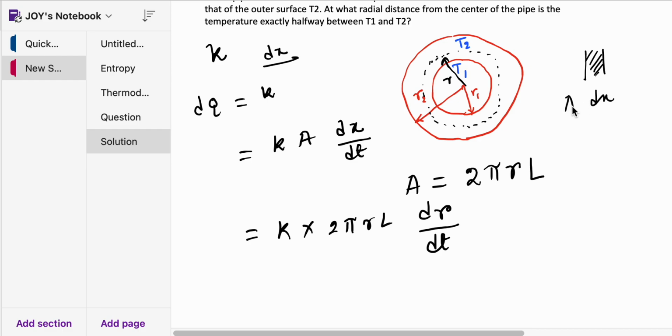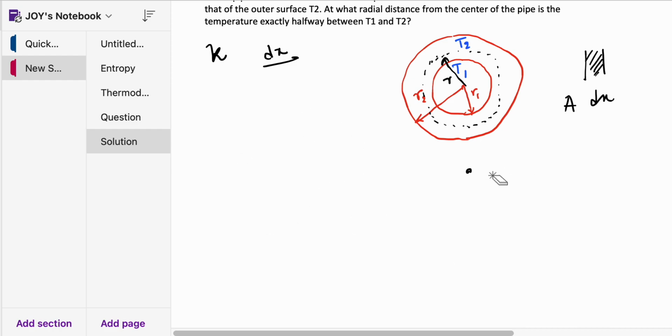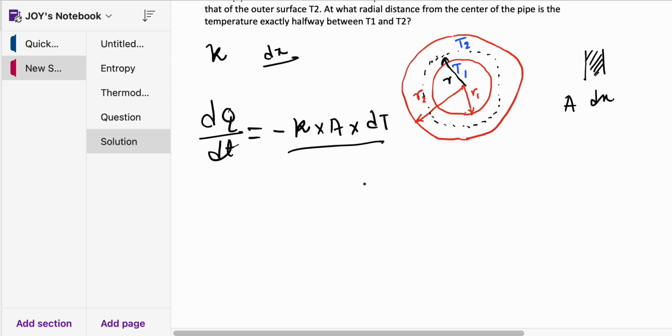The amount of heat flowing through this conductor per unit time, dQ/dt, will be minus K times the cross-sectional area A times the temperature gradient dT, divided by the width dx of that chunk.